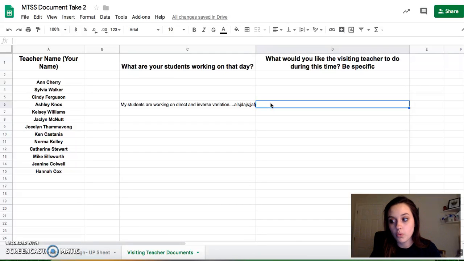It's not more of a walk around guess kind of deal. Be specific. You want to be conscious of everyone's time and you want to get the most out of this experience as well. So don't just put walking around. Please make sure that you have some form or some document that you can give them or they can look at, so you know exactly what numbers that teacher will be working on with those select students.